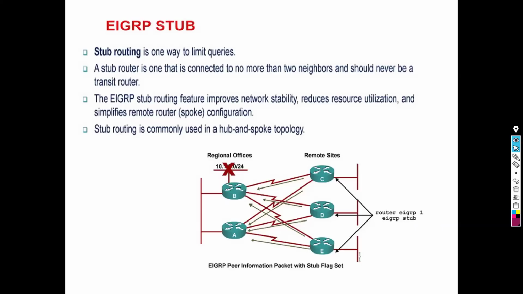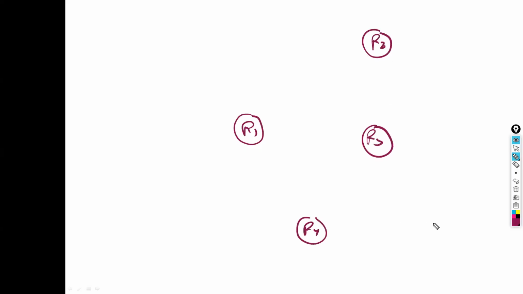Let's talk about a scenario. I have a collection of routers, for example R1, R2, R3, R4, R5, and R6.